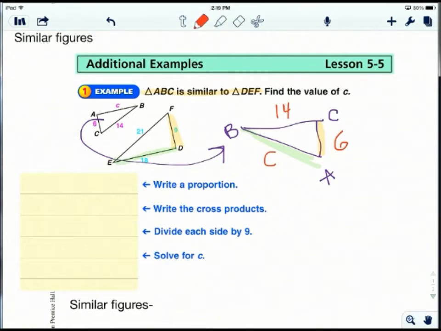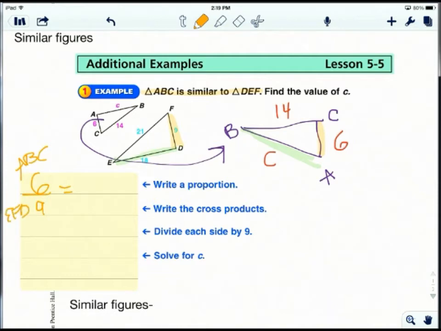Remember, there's more than one way to set up a proportion. There's 4 different ways. As long as we set it up correctly, where we can check that both sides match up, then we know that we set it up right. So let's go ahead and get started. If we do 6 over 9, if you notice, guys, I did triangle ABC over triangle EFD.